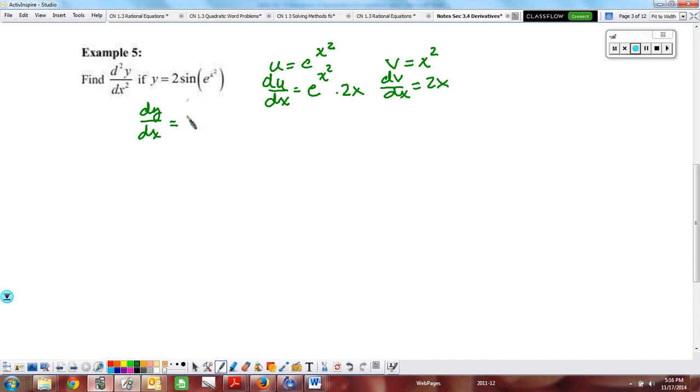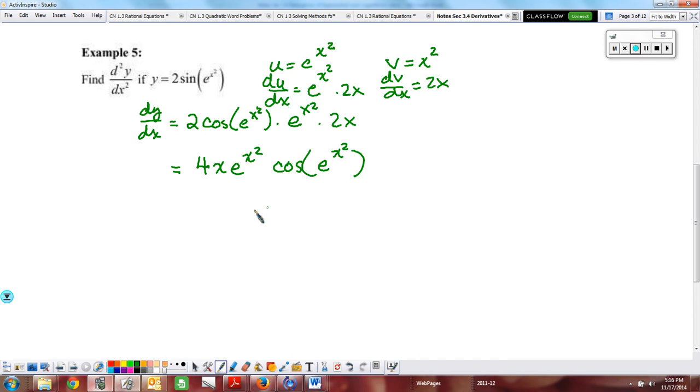The derivative of a constant times anything is the constant times the derivative. Derivative of sine is cosine of u times du dx, e to the x squared times 2x. And I'll just pretty it up a little bit in case I might need to simplify later. We would have 4x e to the x squared cosine of e to the x squared.